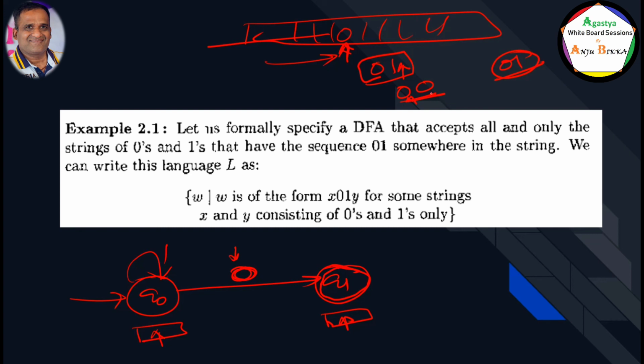Immediately, if we encounter 0, what does it mean? No, the previous 0 does not belong to that pattern. Maybe the current 0 belongs to that pattern. We stay in the same state, because the state is representing a memory. This is very important.